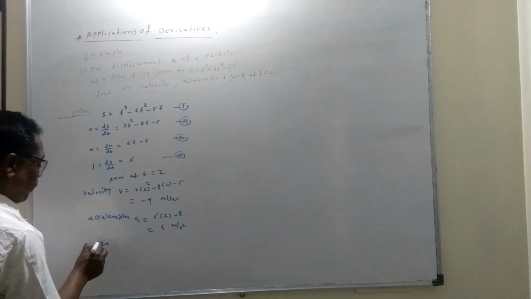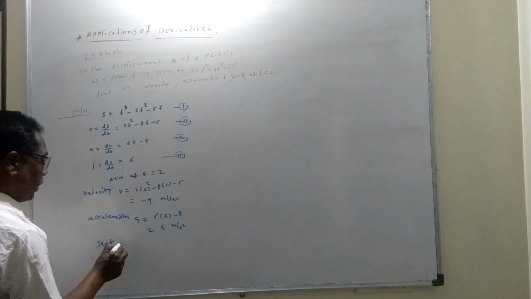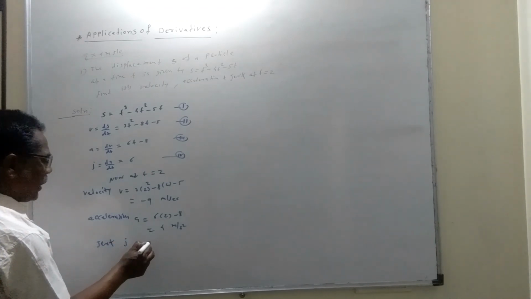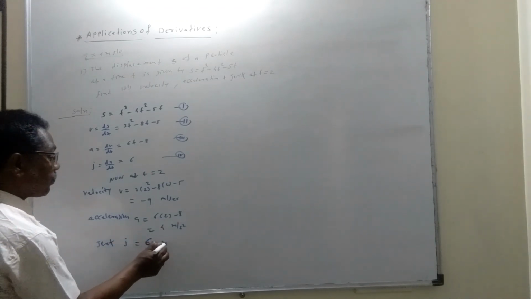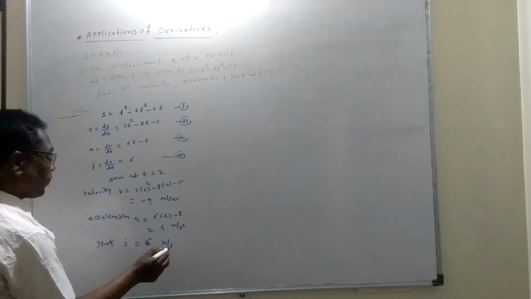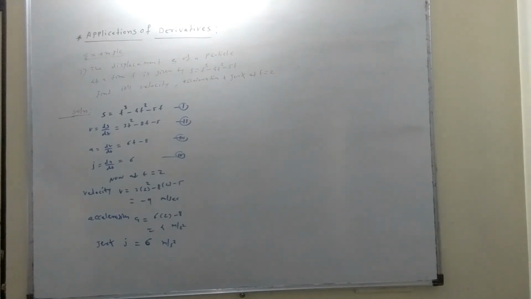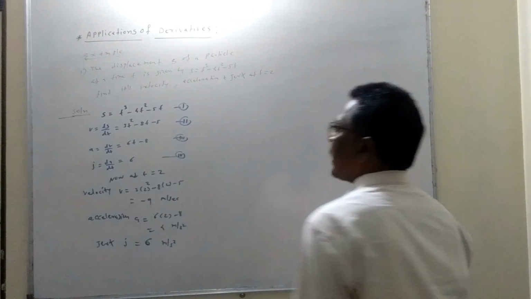Jerk J is equal to 6 meter per second cube. So in this way we can find the velocity, acceleration and jerk. So this is the application of derivatives to kinematics.